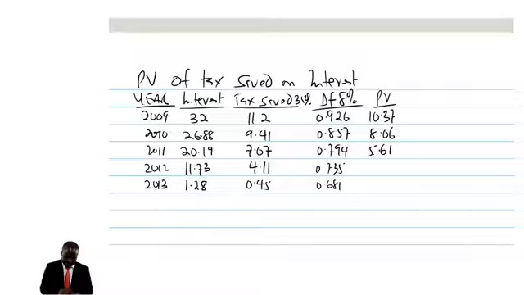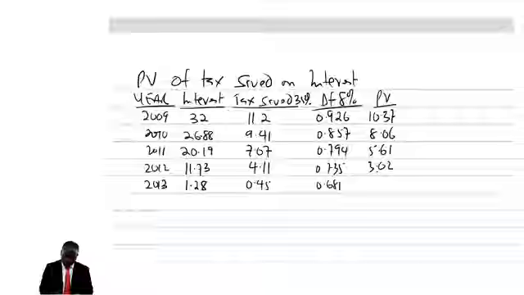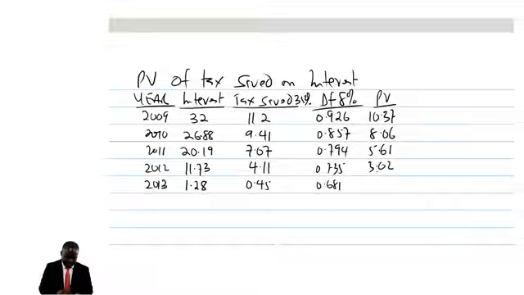Then 0.735 times 4.11 is 3.02. 0.681 times 0.45 is 0.31. Sum them together: 10.37 plus 8.06 plus 5.61 plus 3.02 plus 0.31, and that is 27.37.